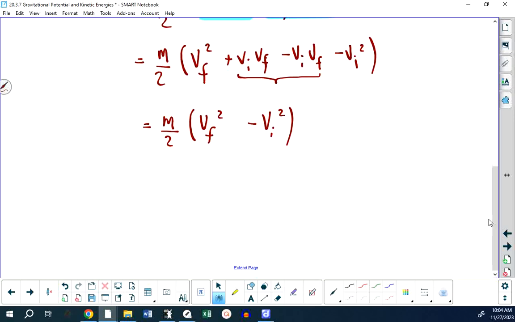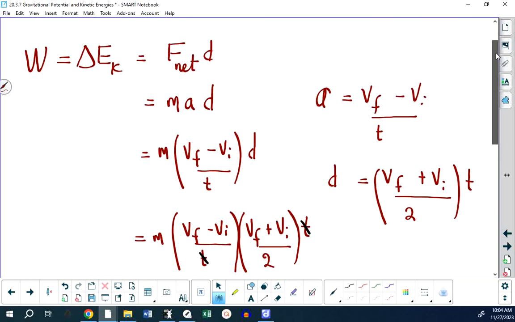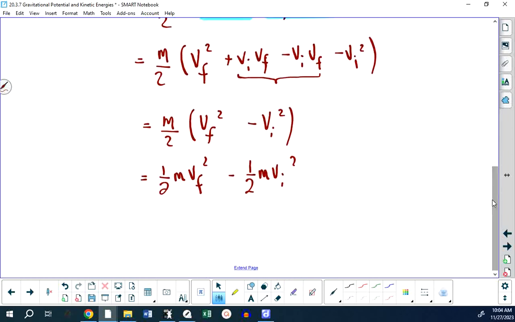But I'm going to multiply this m over 2 through, and write it as 1/2 m times Vf squared minus 1/2 m times Vi squared. But what I've told you, if we go back to the top, is that this is the change in the kinetic energy, which is final kinetic energy minus initial kinetic energy.